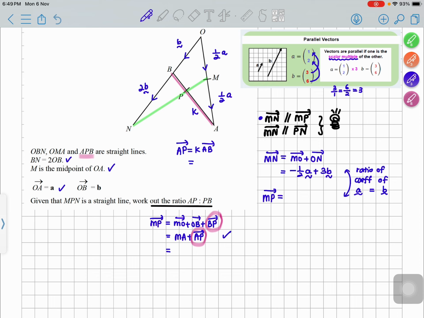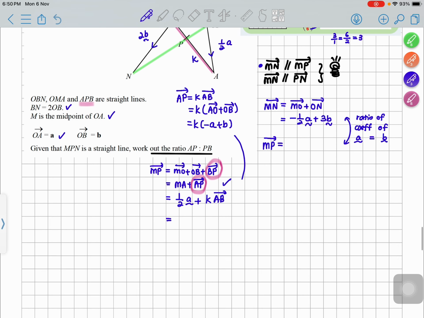What is MA? My MA is half A, and my AP is going to be scalar K times vector AB. So how do I find my AB? Don't you think AB is easy for you? I think all of you can express this as a position vector. It is AO plus OB, which will give you negative A plus B, right?